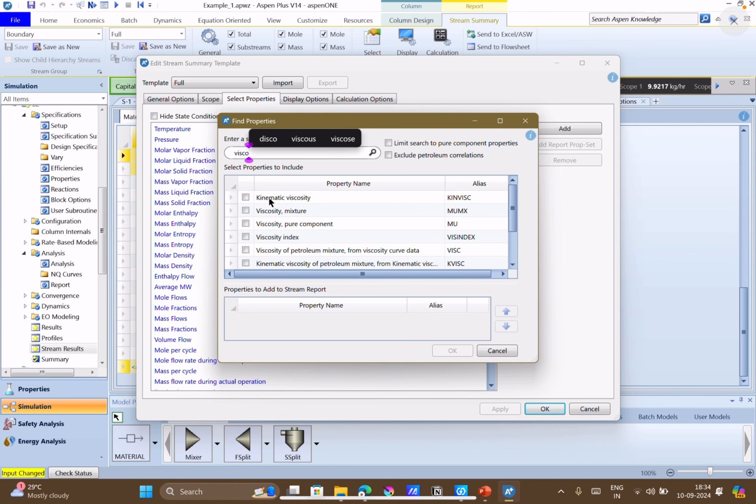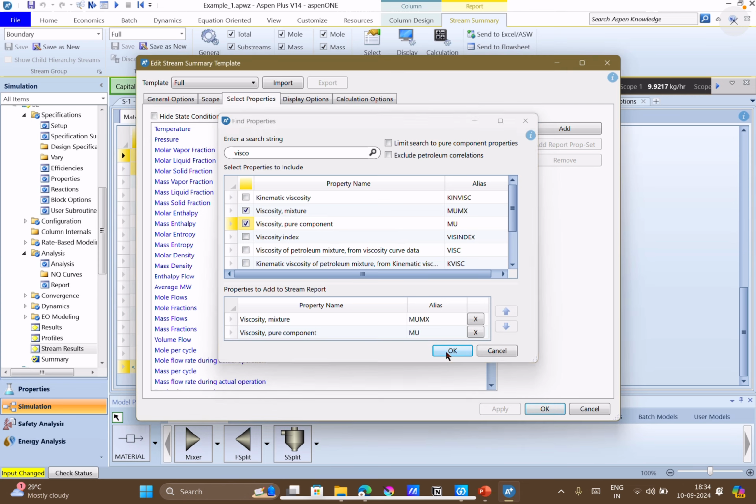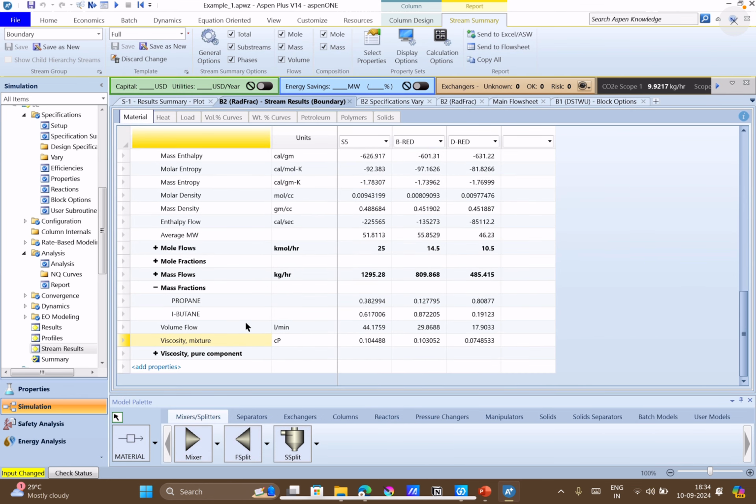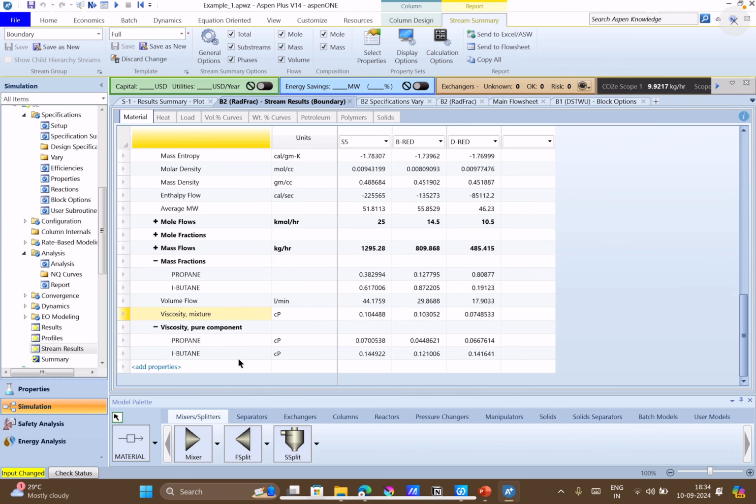So you can see the viscosity of mixture is there, viscosity of pure component is there. So let's say I just want to see both the pure component viscosity as well as mixture viscosity in a stream, that we can add. And once you add that, now you can see here we have viscosity also added.